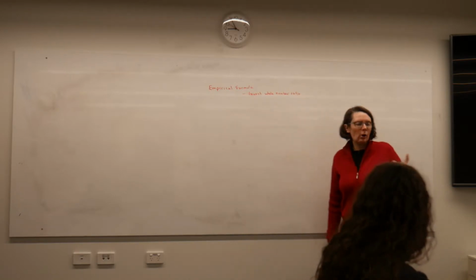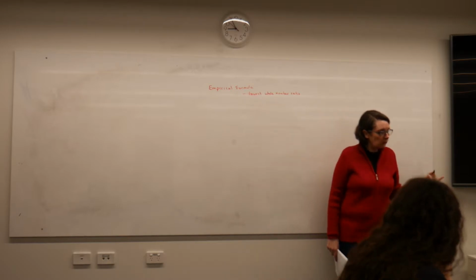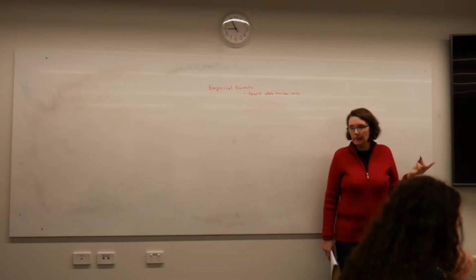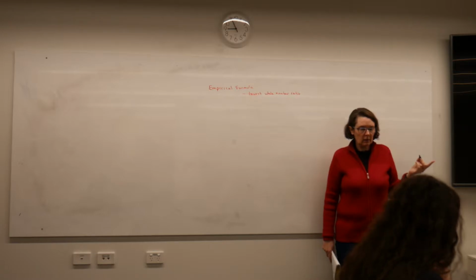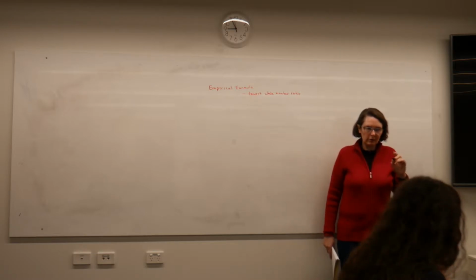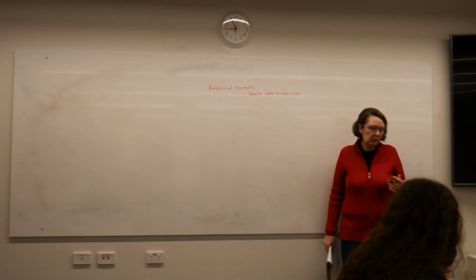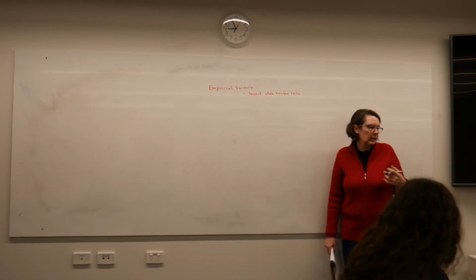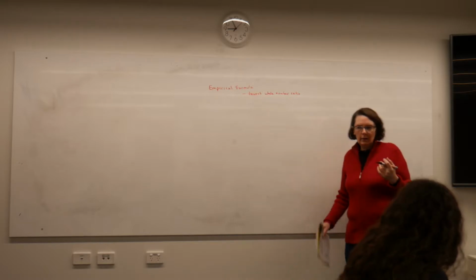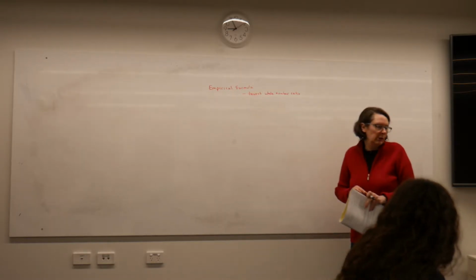So it's the lowest whole number ratio of ions within a compound, or atoms, or we could just say elements. Some of them are going to be ions, some of them won't be. It'll only be ions if it's ionically bonded.